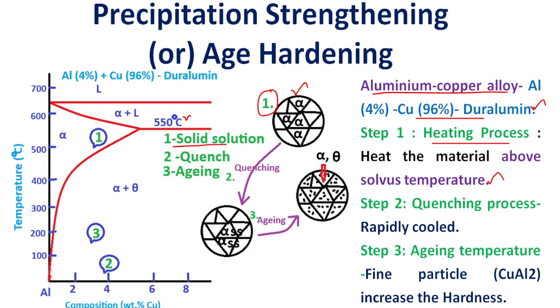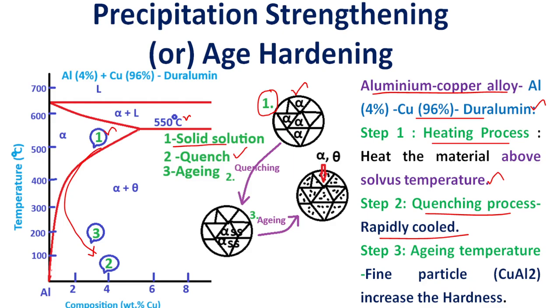Then the second process is quenching. The first stage is heating the material to the solvus temperature, then quenching is the second. Quenching is a rapid cooling process.